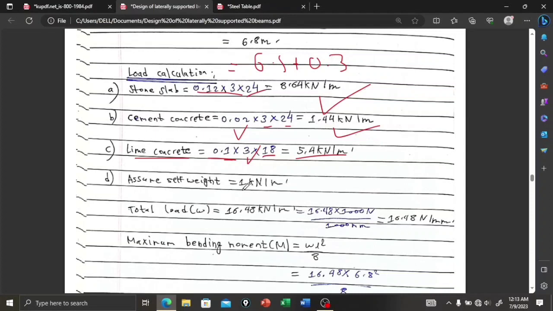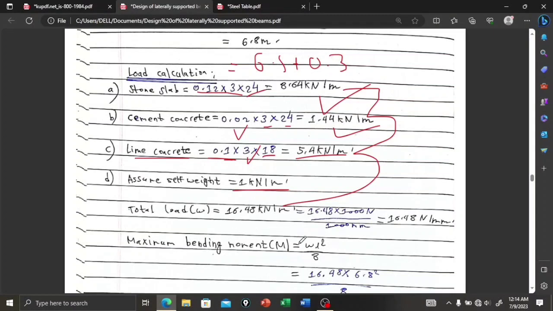Assume self weight to be 1 kN per meter, so total load is the sum of these four, it is 16.48 kN per meter. To convert kN to Newton, we multiply by 1000, and to convert meter into mm, we multiply by 1000. This 1000 cancels, so 16.48 Newton per millimeter.